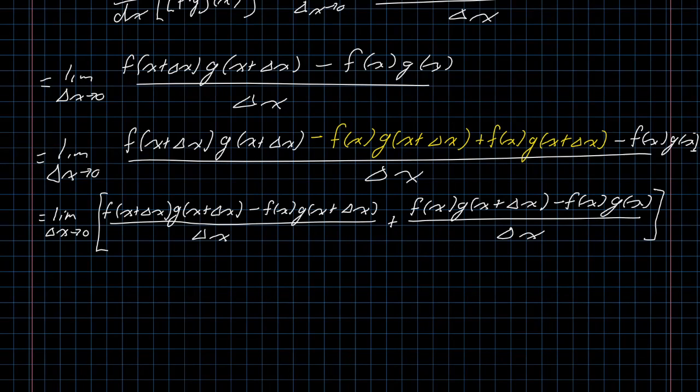And then I'm going to notice that in the first fraction, I've got g of x plus delta x appearing in a couple of different places. In the second fraction, I've got f of x appearing in a couple of different places. I'm going to factor those things out.